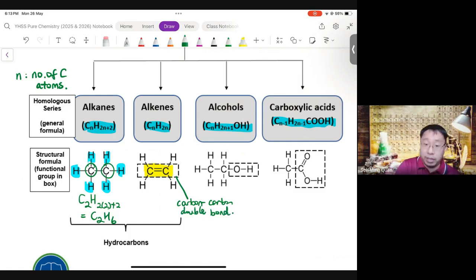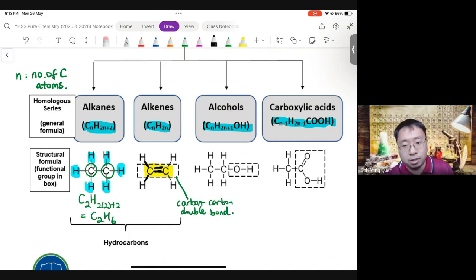So alkenes have this. Now a double bond is two bonds. So if you count the number of bonds, one, two bonds are there. Around each carbon, the rule is you must always have four bonds. So one, two here already. Three, four.